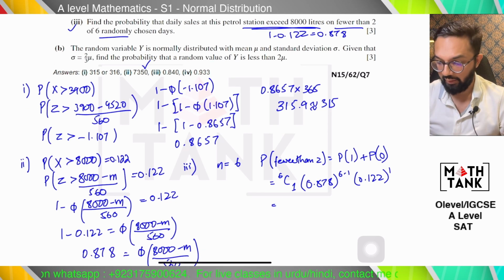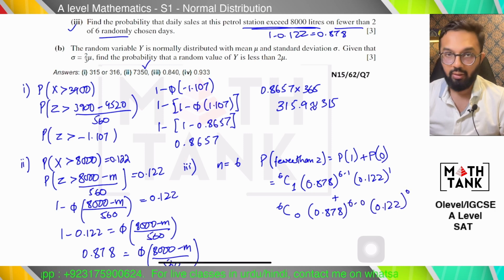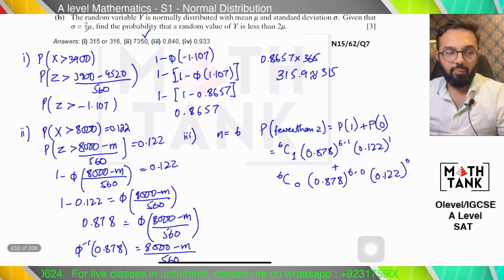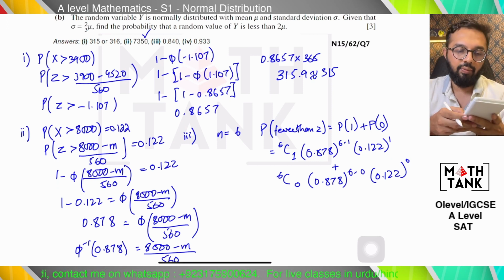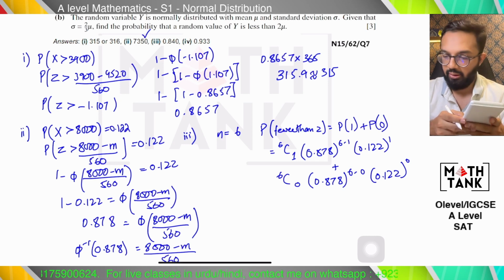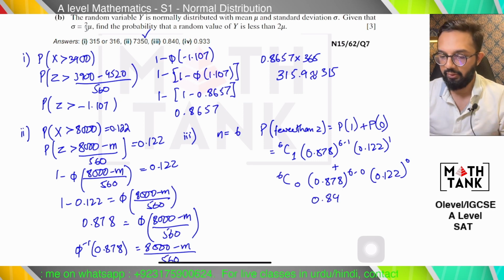And sorry, you have to add 6C0, 0.878 power 6 minus 0, 0.122 power 0. Let's do this quickly on my calculator. I'm going to use the binomial cumulative distribution function and do this quickly because I am running out of time on my clock. So I get 0.8400 and that's the correct answer.